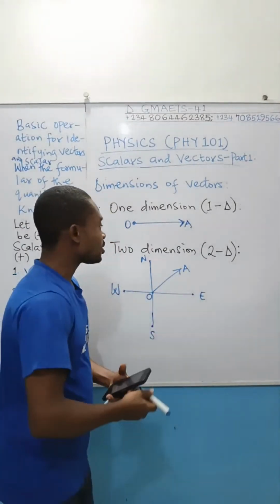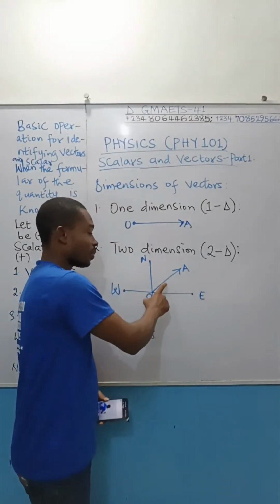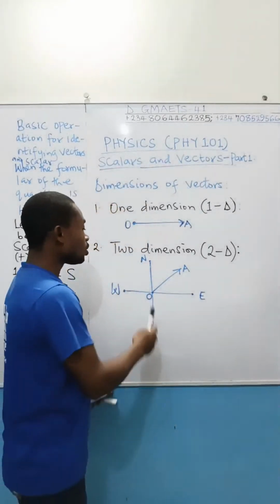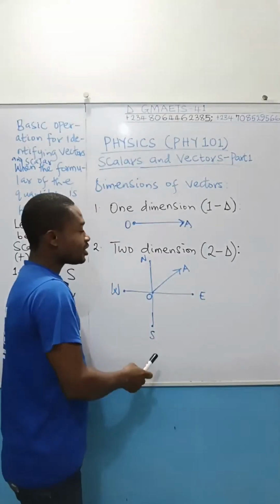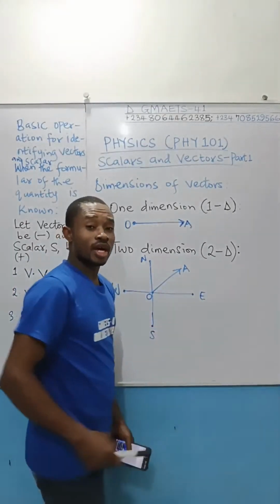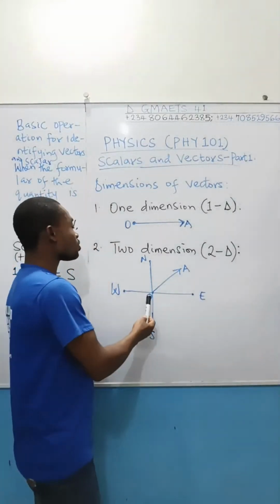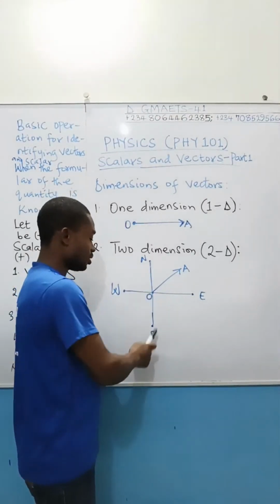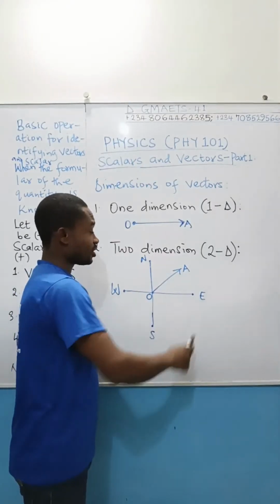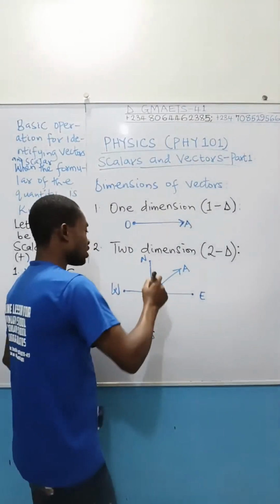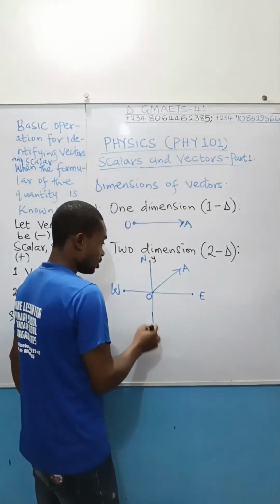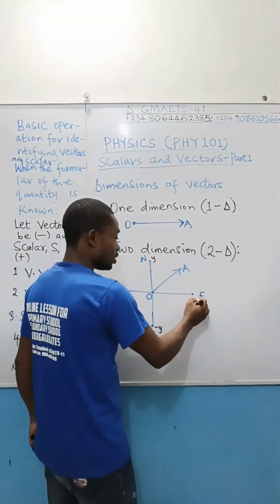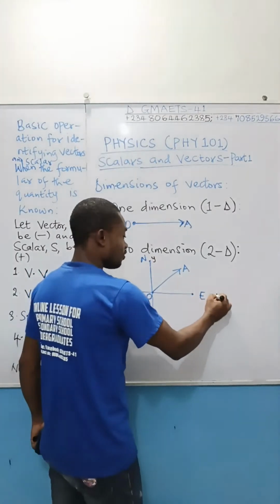If you look at this vector OA, it is not along the vertical and it is not along the horizontal. So the vector is not purely north and not purely east. Remember, you can use the y-axis and x-axis to represent this also. Let me write it this way. The y-axis, that's positive y. This is negative y. Then the east direction is positive x.